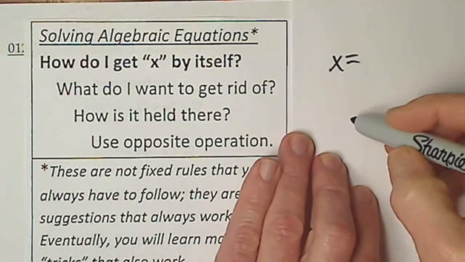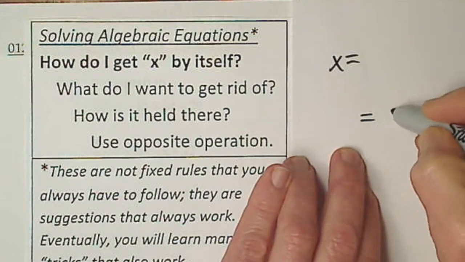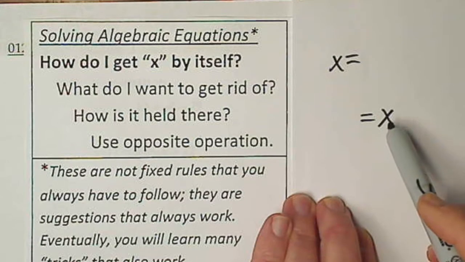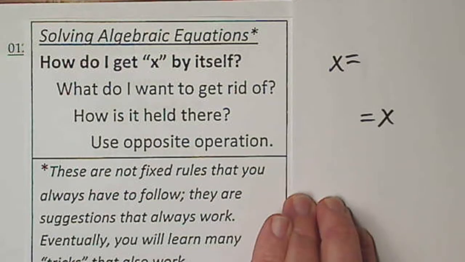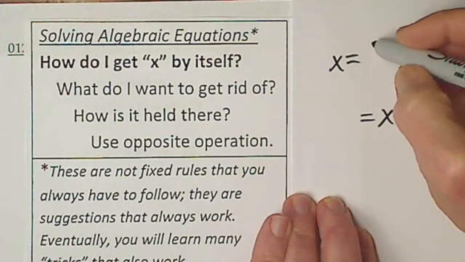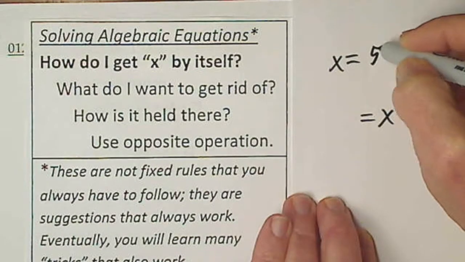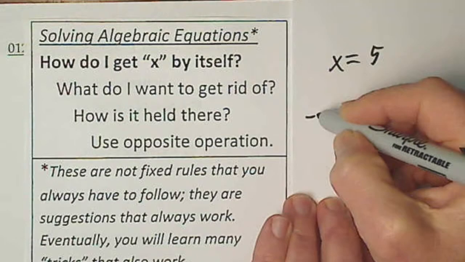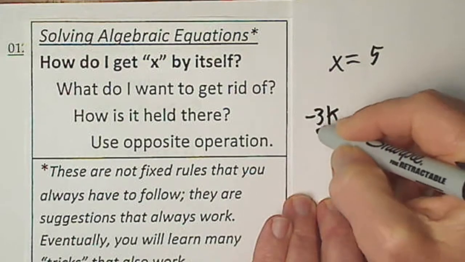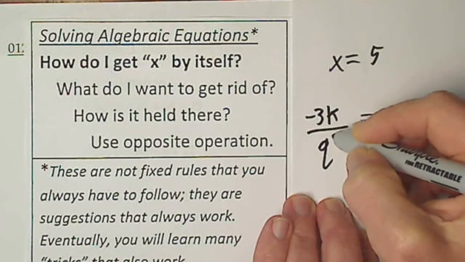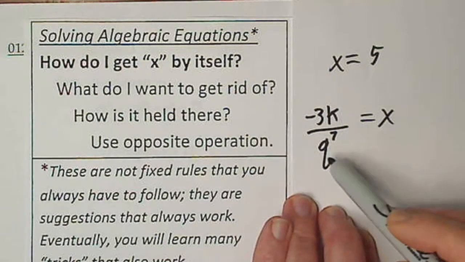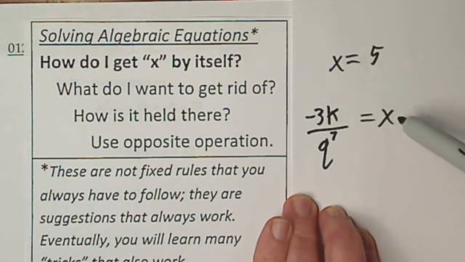If you have a whole bunch of stuff equals x, I don't care what's over here, you've solved the equation if you have x by itself. So this could be something nice and neat like a 5, or it could be negative 3k over q to the 7th power. It doesn't matter. These are both solved algebraic equations.